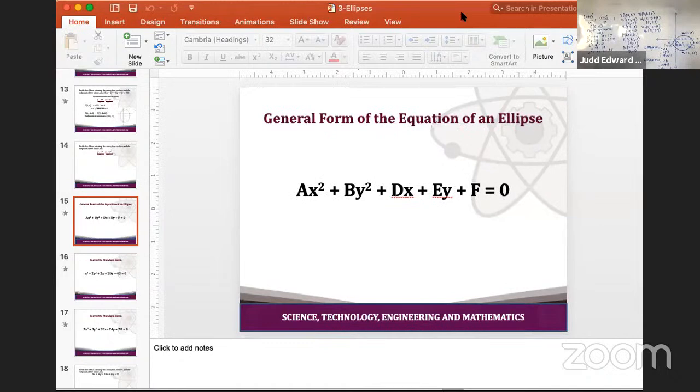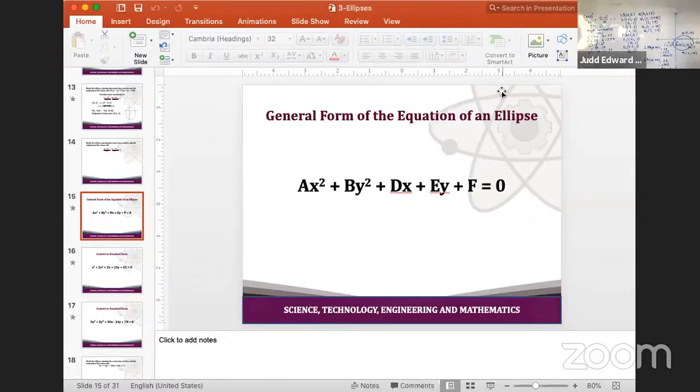Remember that we have ax squared plus by squared plus dx plus ey plus f is equal to 0. Can you see the shared screen, guys? Please check if you can see the shared screen. Okay, so that is the general form.